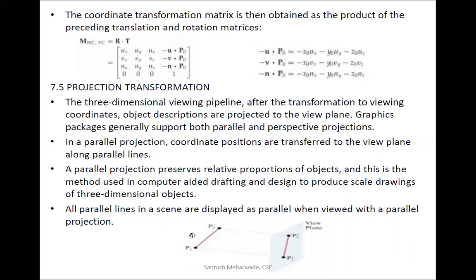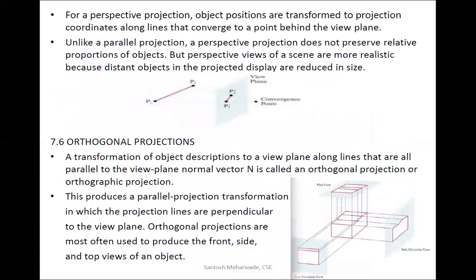So whenever these parallel projections hit the view plane, they are named orthogonal projection, because the parallel lines hit the viewing plane at an angle of 90 degrees. As we know, 90 degrees is orthogonal, and orthographic projections are the same.